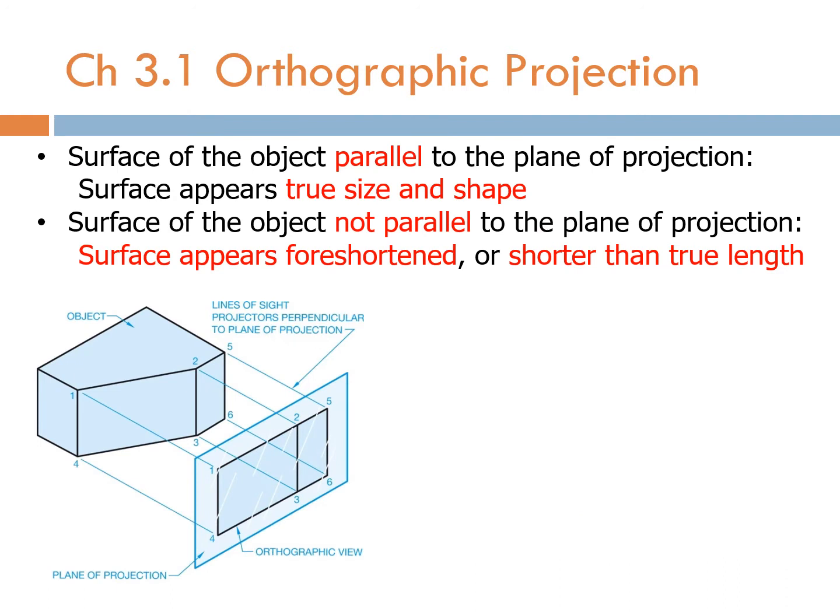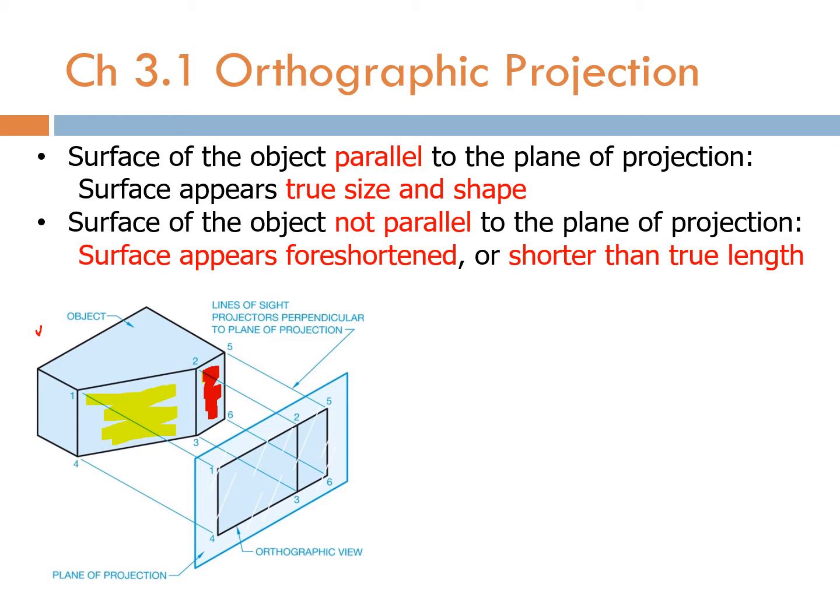Sometimes when you look at the object, the plane that you're looking at is not parallel to your plane of projection. For example, on the object that we have here, this side of the plane is not parallel to your plane, while this side is parallel. So you have to be careful when a surface is not parallel to the plane of projection.